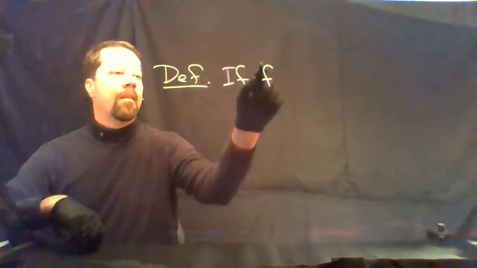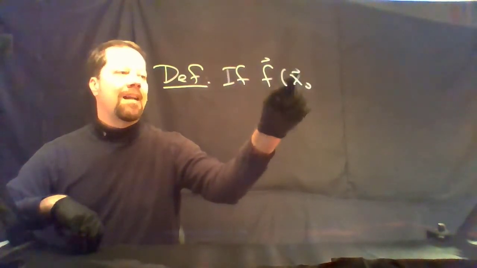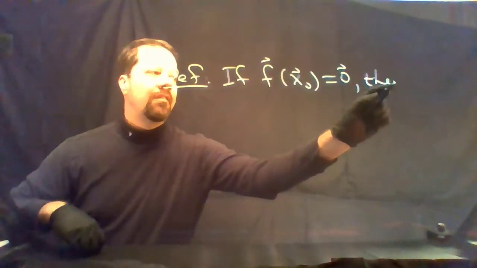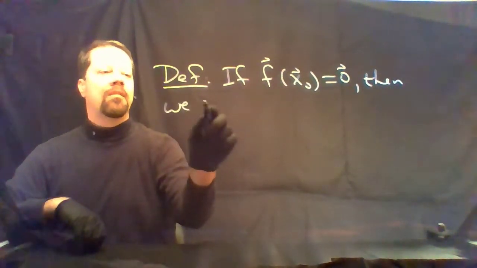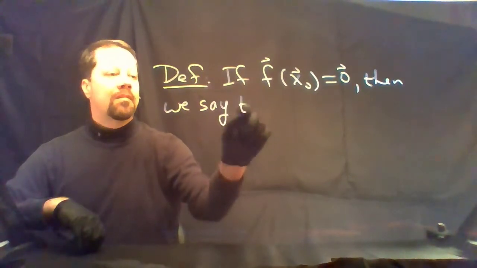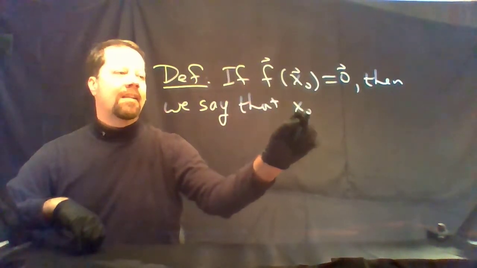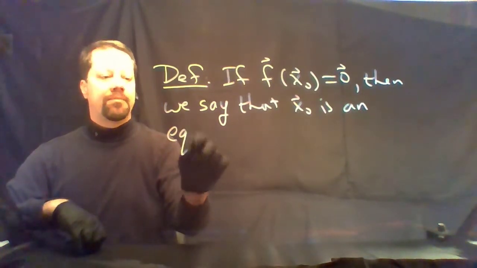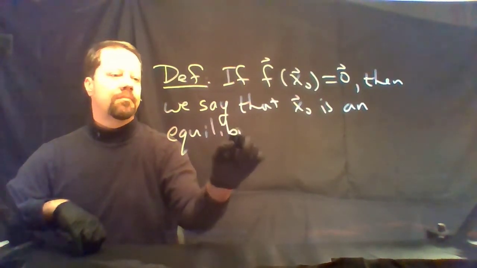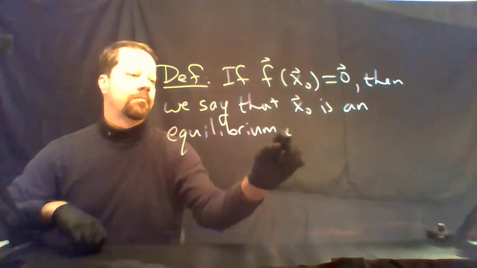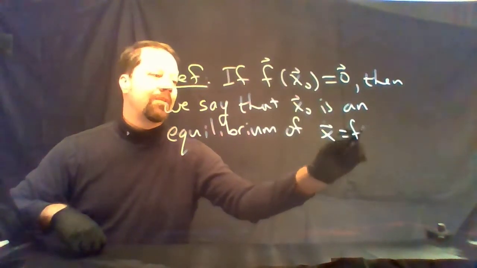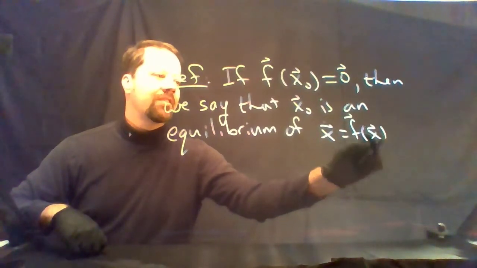If f of x naught is equal to the zero vector, then we say that x naught is an equilibrium point of the differential equation x dot equals f of x.